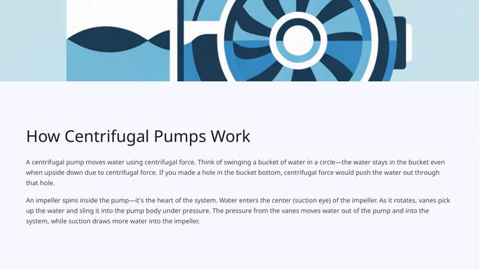This pressure from the vanes is what moves the water out of the pump and into the rest of the system. At the same time, the spinning action creates a suction that pulls more water into the impeller, keeping the flow steady. So, in essence, the impeller's rotation creates the centrifugal force needed to move water efficiently through the system, making centrifugal pumps a reliable choice for many applications.